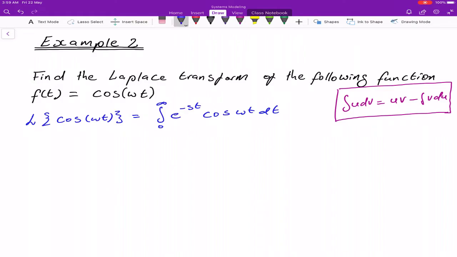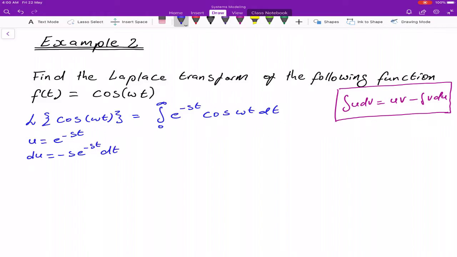Okay, now we can pick u is equal to e to the minus st, then differentiating this, du is equal to minus s e to the minus st dt.